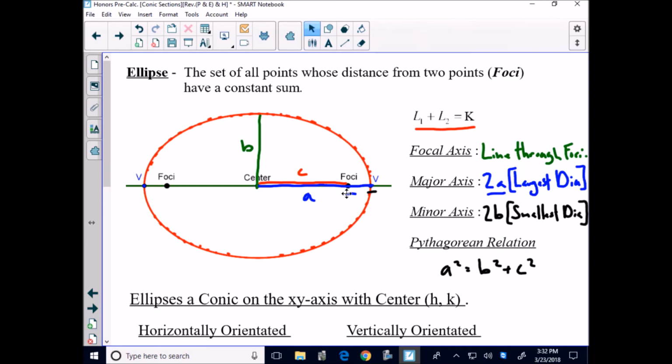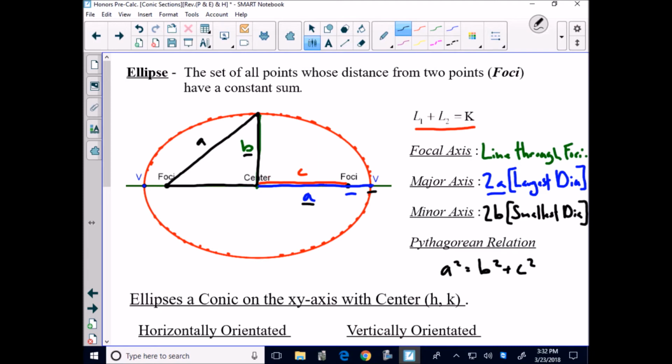Now, the thing that we said in the end here was that if we went from one of the foci to the end of the minor axis, that length right there was a. And that gave us a Pythagorean relationship within the ellipse, right? We'd say that b and c are perpendicular, or the major axis and the minor axis are two perpendicular lengths.